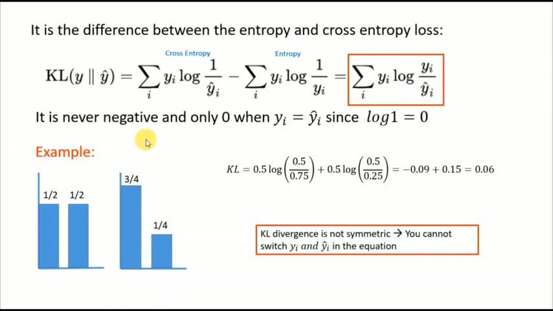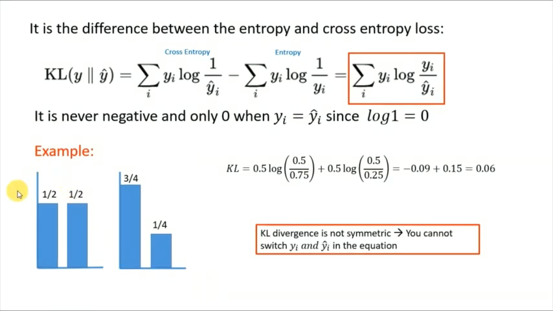Now, let's take a very simple example. Let's say we have two different distributions, both from the uniform distribution, and each one has these probabilities. We apply the KL divergence. We take the first probability from the first distribution, which is 0.5, and multiply it with the logarithm of 0.5, divided by the probability from the other distribution, which is 3 over 4.